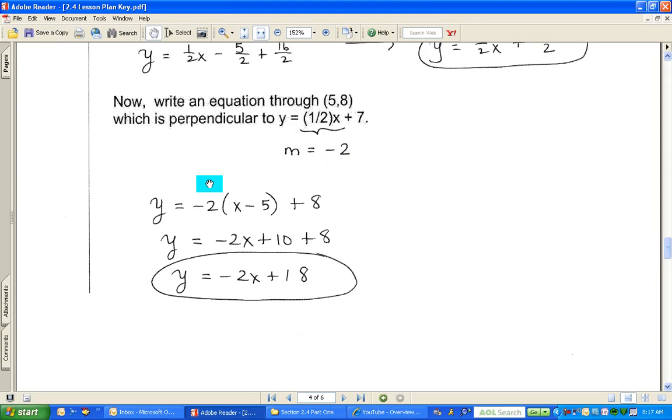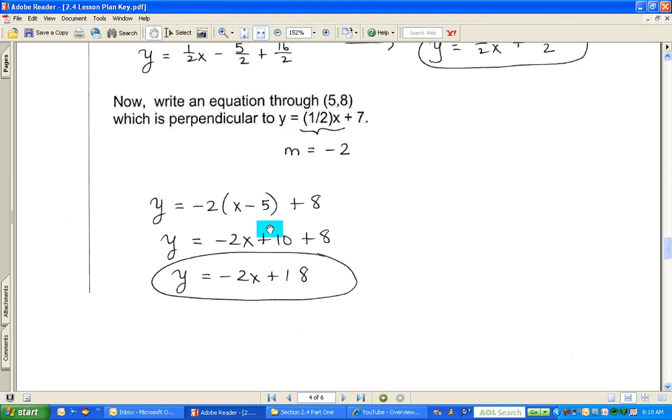So here we go. Now I take the data and I plug into the point slope form. Y equals m, which is -2, times the quantity x minus x sub 1. X sub 1 is 5, plus y sub 1. Y sub 1 is 8. I distribute.